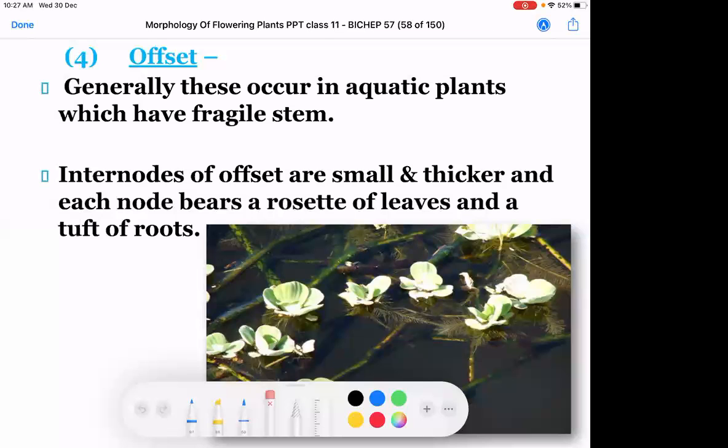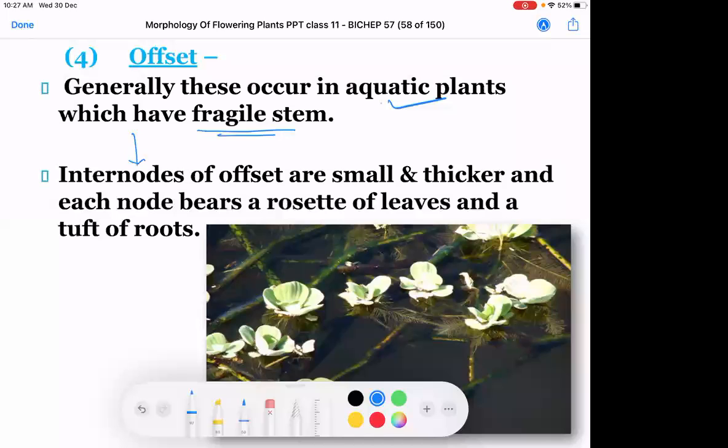So offset is found in plants with a thick stem, a rosette of leaves and a bunch of roots.